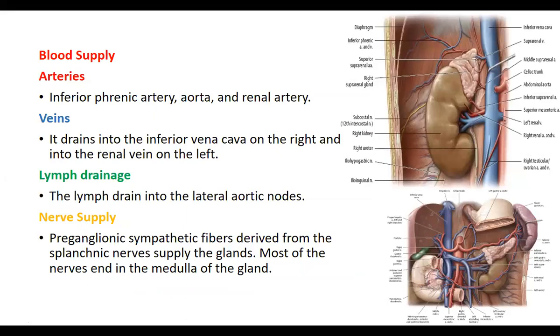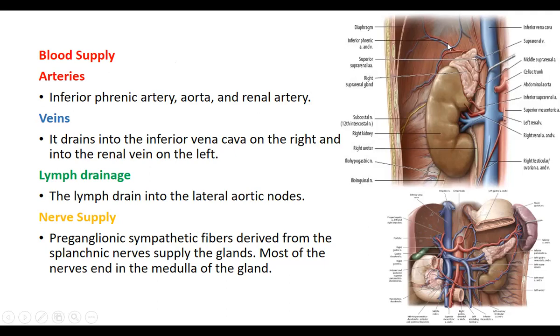Now coming to the blood supply. Okay, I had told you briefly about this in the practicals. It is supplied by three arteries. One is the inferior phrenic artery, then the aorta, as well as the renal artery. So there are branches coming from the phrenic artery.